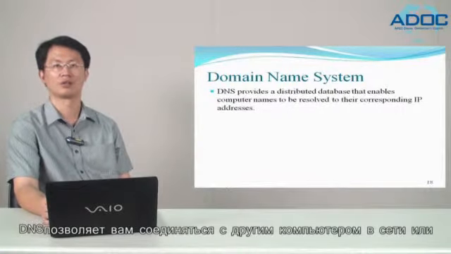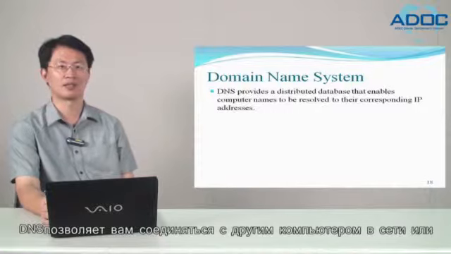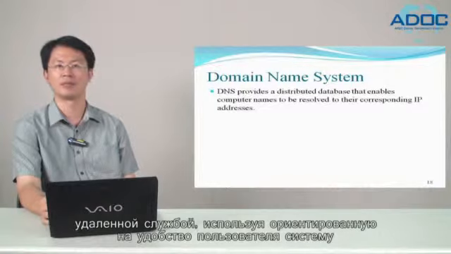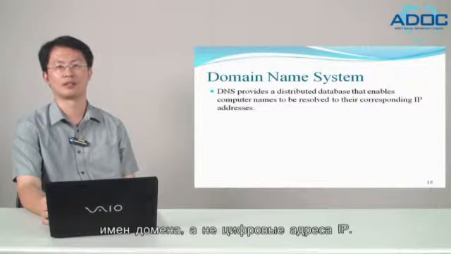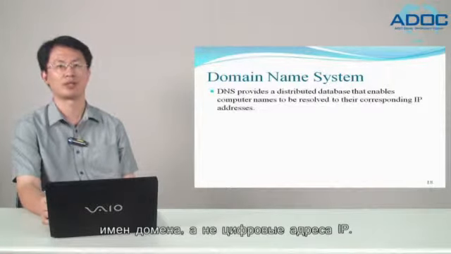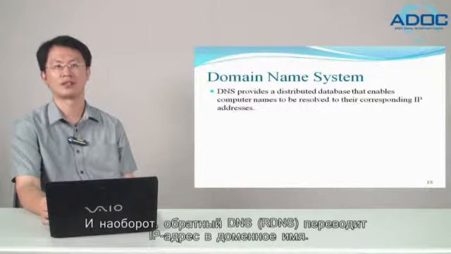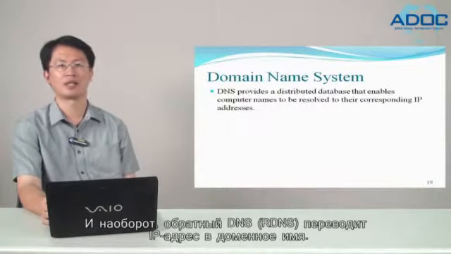And DNS allows you to connect to another networked computer or remote service by using its user-friendly domain name rather than its numerical IP address. Conversely, reverse DNS, or RDNS, translates an IP address into a domain name.